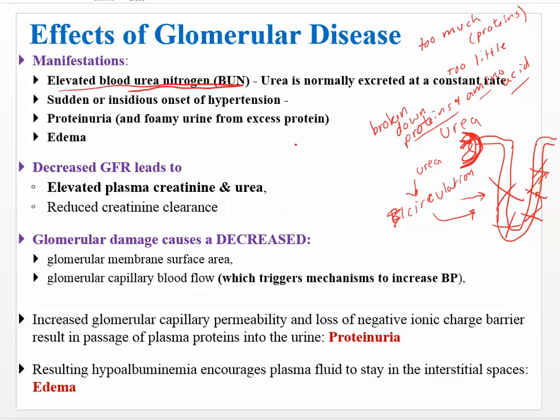We may see lots of different things, and we'll talk specifically about each disorder or disease and see exactly how that works. You may see sudden or insidious onset, so it may be very quick, or it may be a slow onset, but you see hypertension. Now that also makes sense since the kidneys are filtering blood.